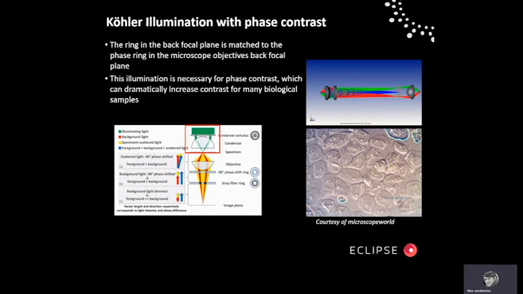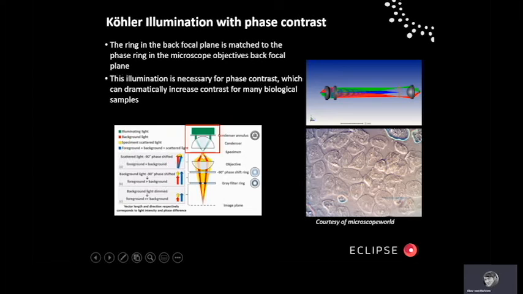Then on your back focal plane, you also use a ring. You can see it here in the orange in the top right image. In the lower left, you can see it as green light coming out of this condenser annulus. It's redirected down to the specimen, which illuminates the specimen evenly.